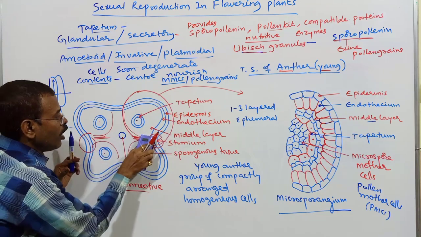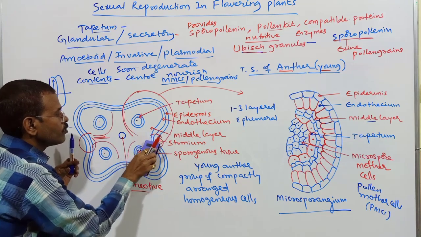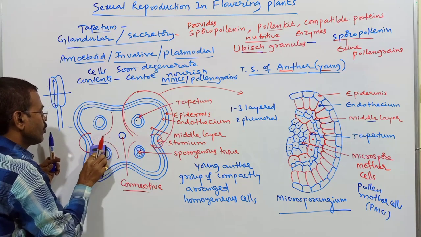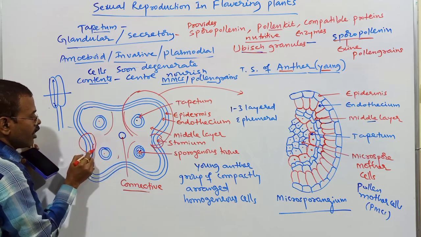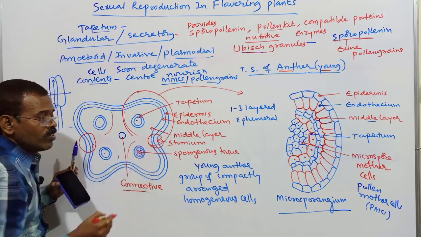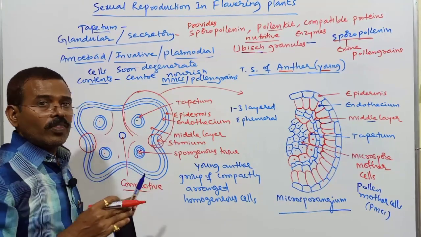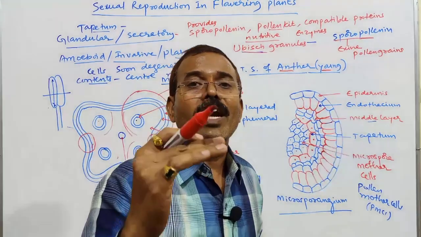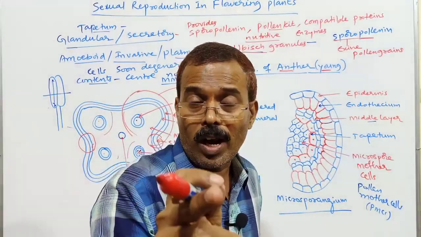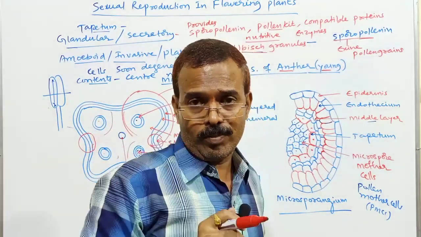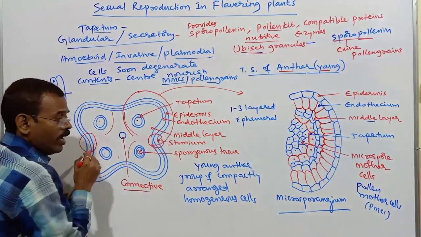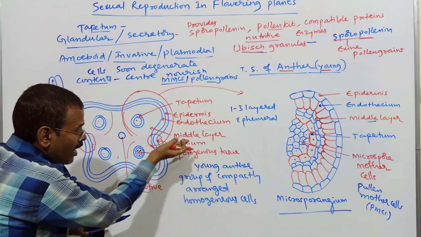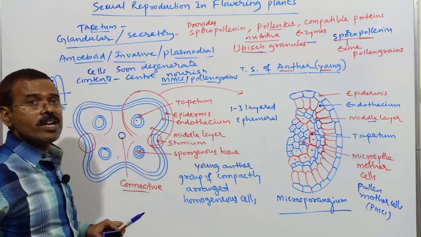In this other region, the wall layer is comparatively thin, and this is where the anther can dehisce on maturity.